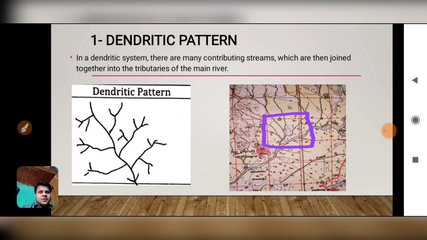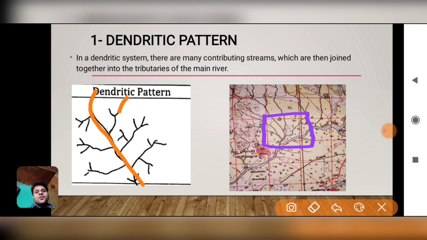First, dendritic drainage pattern. What do you mean by dendritic drainage pattern? In the dendritic system, there are many contributing streams which are joined together into the tributaries. In this diagram, you can see this is the main river and many tributaries are meeting. And there are also sub-tributaries meeting in the tributaries.